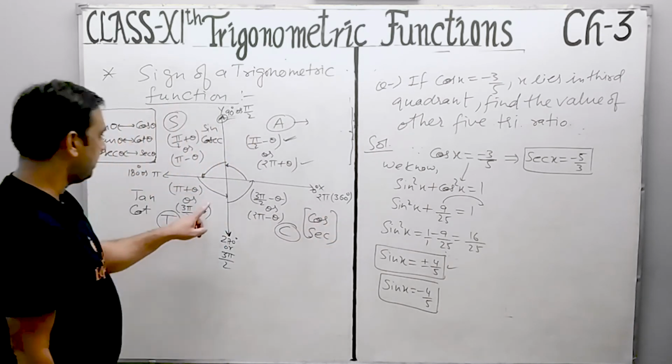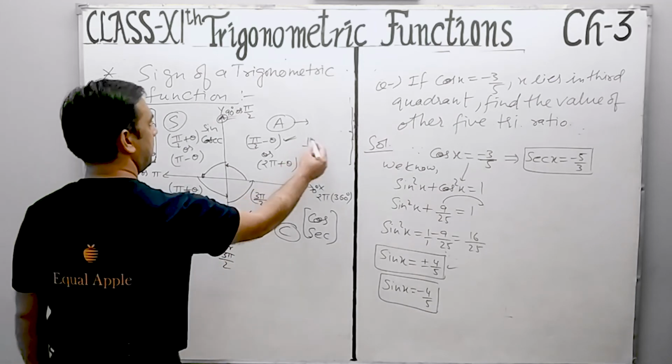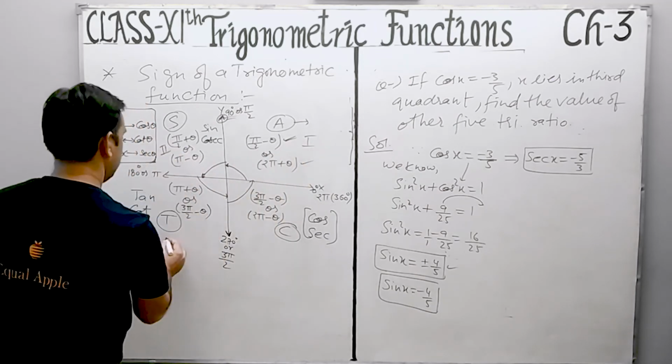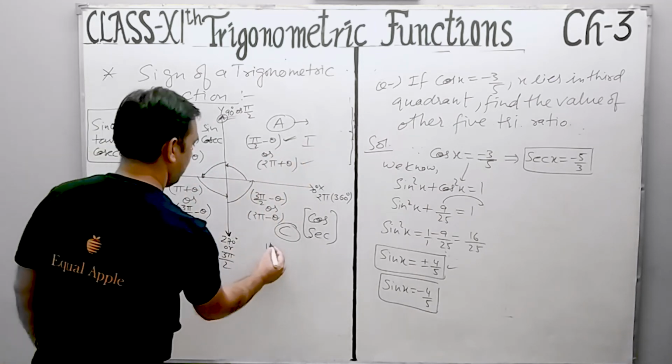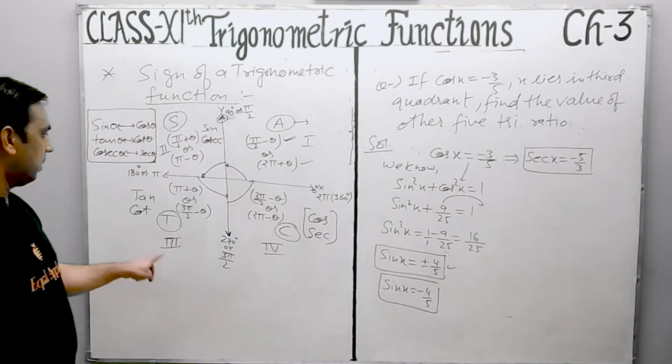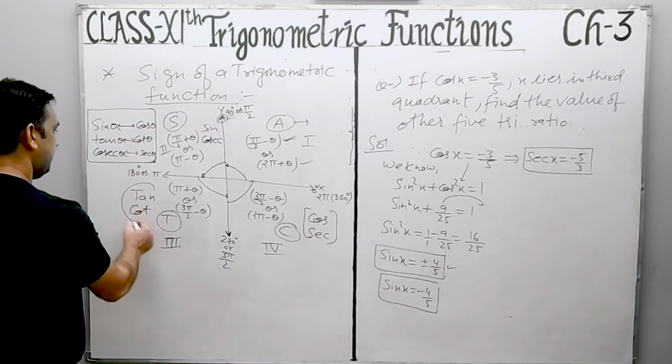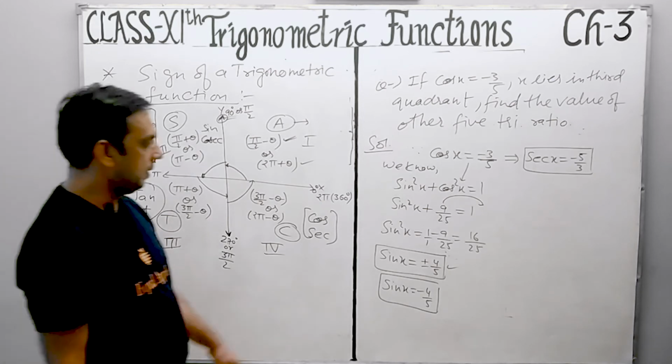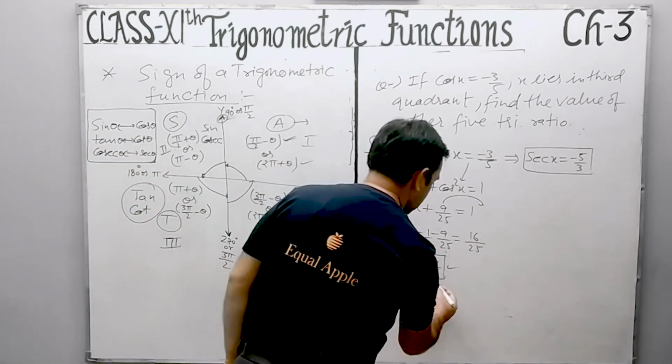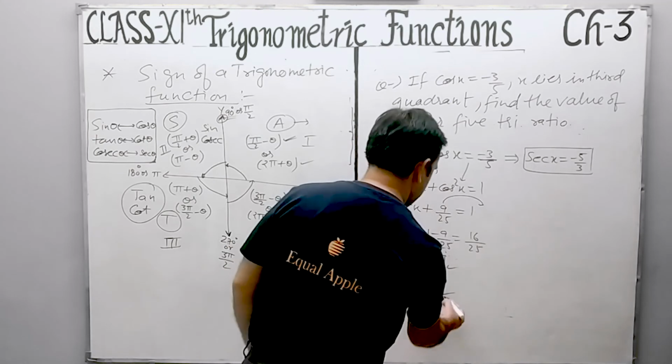So here we can see this is the first quadrant, this is second, this is third, and this is our fourth quadrant. In the third quadrant only tan and cot are positive, so the other trigonometric ratios are negative.